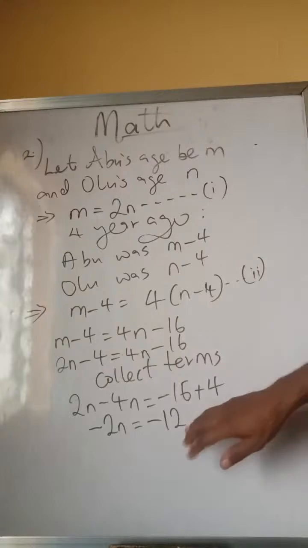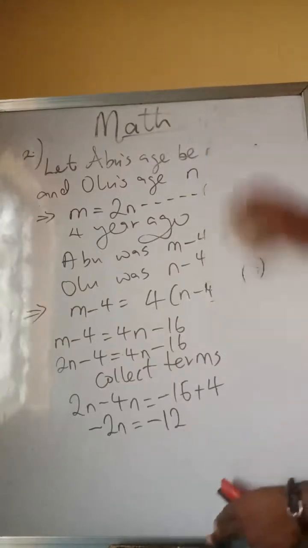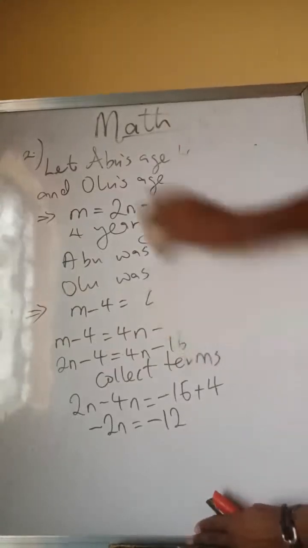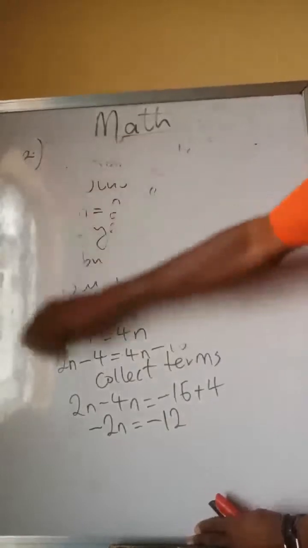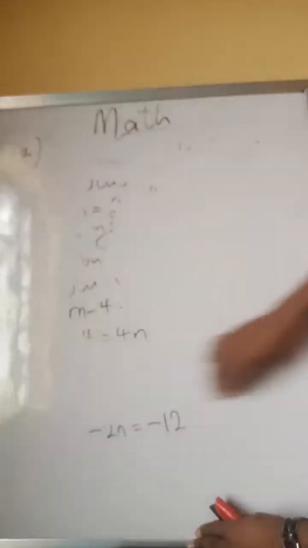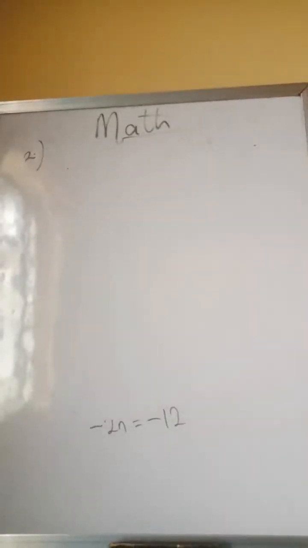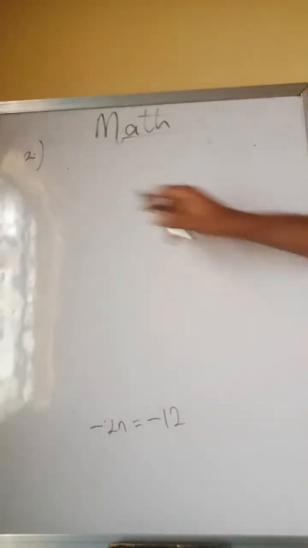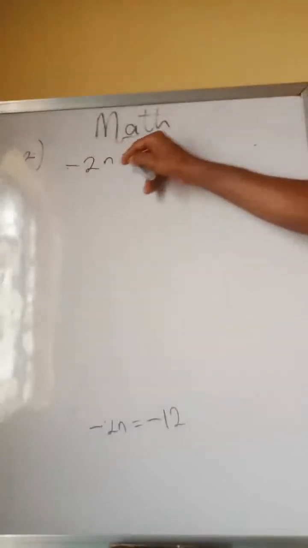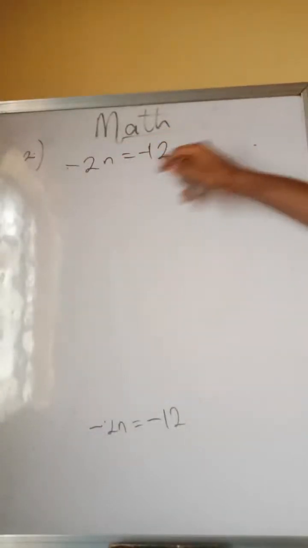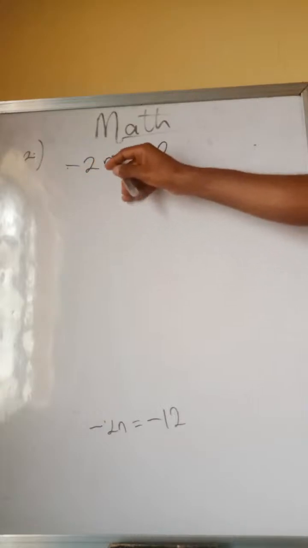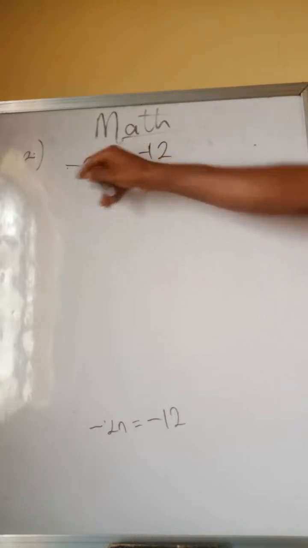And so we'll continue from there, and we have minus 2n equals minus 12. Divide both sides by the coefficient of n. The coefficient of n happens to be minus 2.